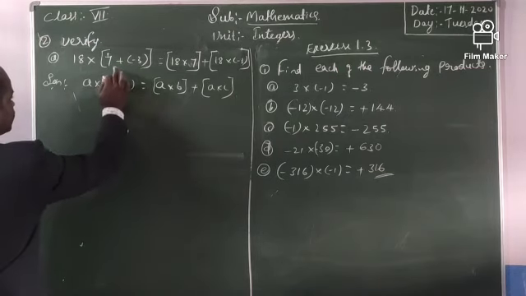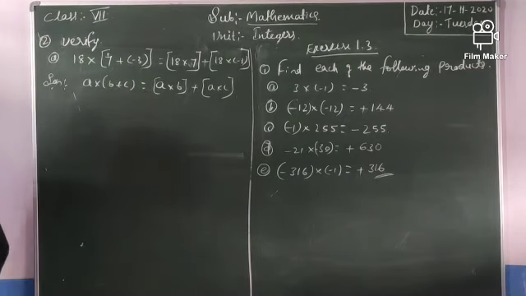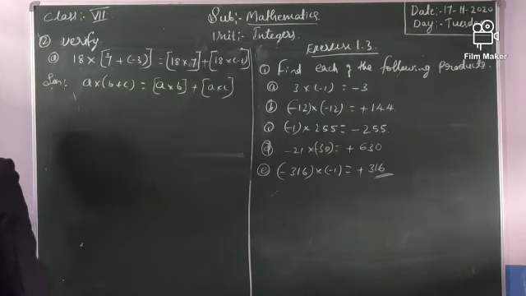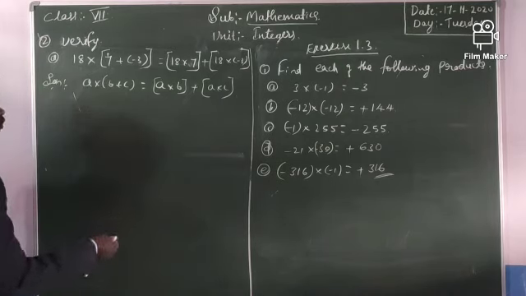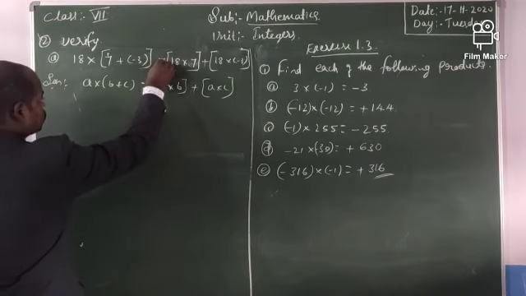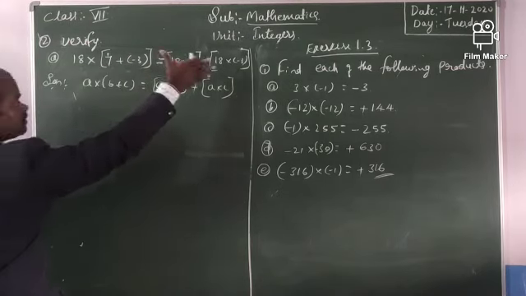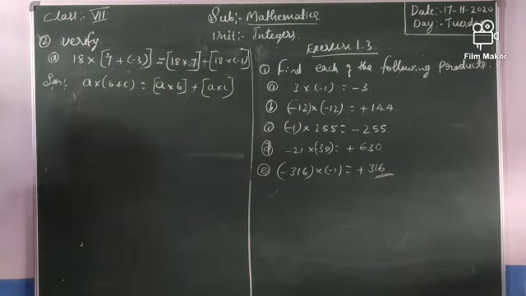In the place of B, 7 is there. In the place of C, minus 3 is there. That one you have to split and multiply. Also you have to prove that both are equal. That means this is the left hand side, this is the right hand side.